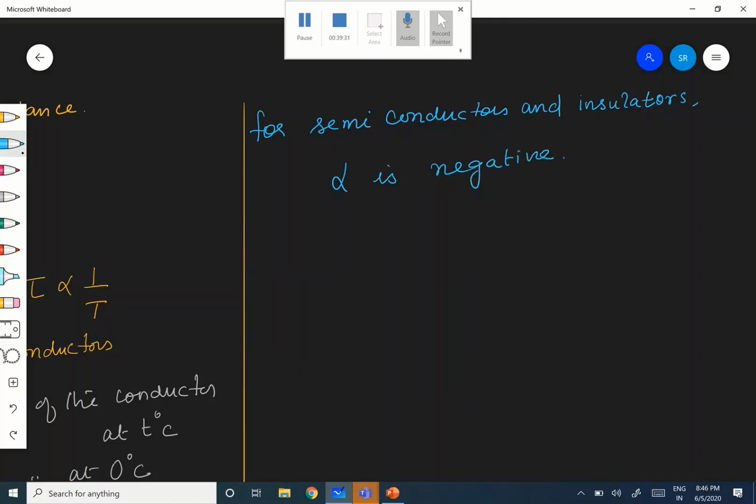Alpha means the temperature coefficient of resistance. Alpha is negative.